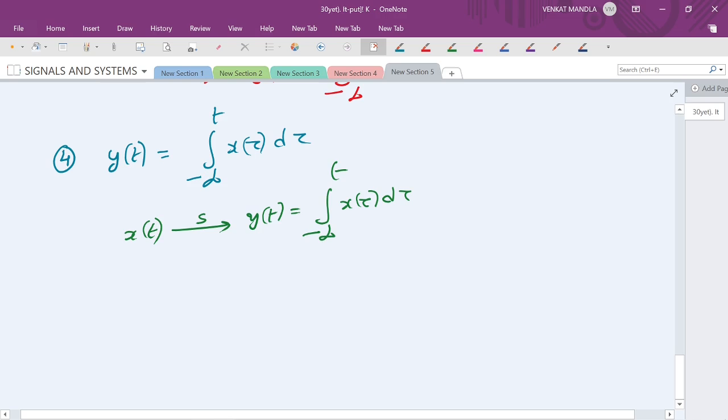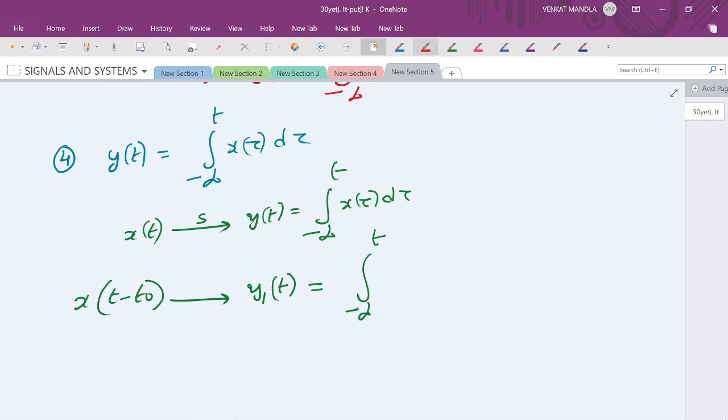Now I will apply a delay in the input, x(t minus t naught). Let us say this is y1(t), equal to the integral from minus infinity to t. From this relation, x(t) is the input and the output is the integral of the input.